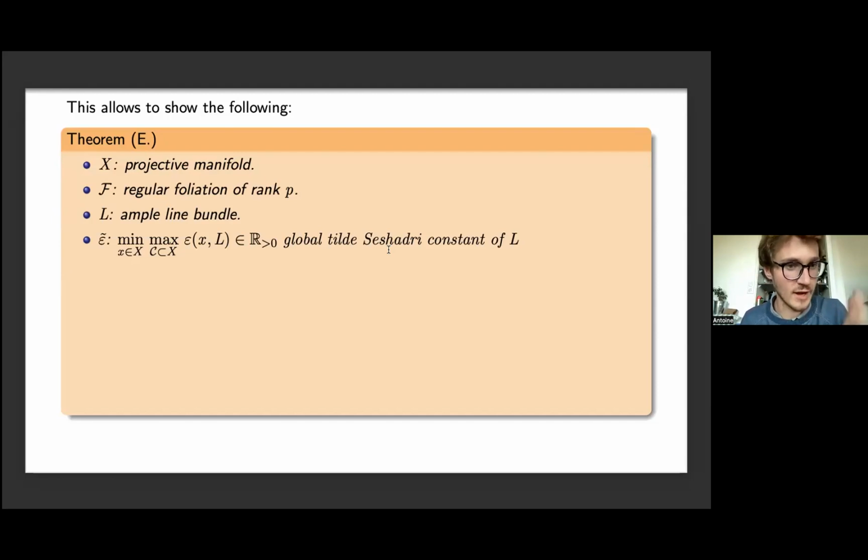This is a constant associated to the line bundle. We know that an ample line bundle is positive by definition, but it's a measure of how positive it is in some sense.